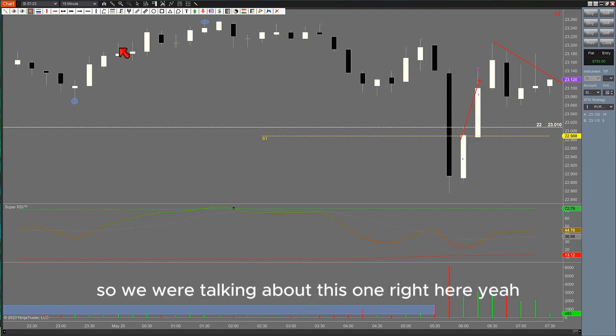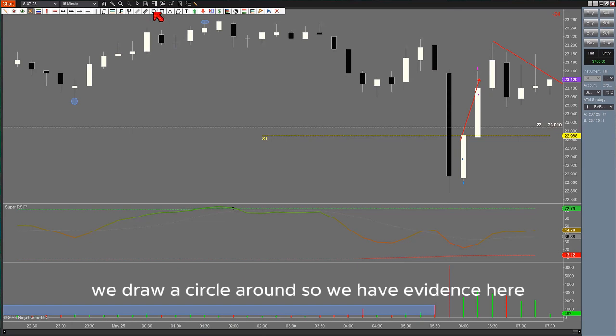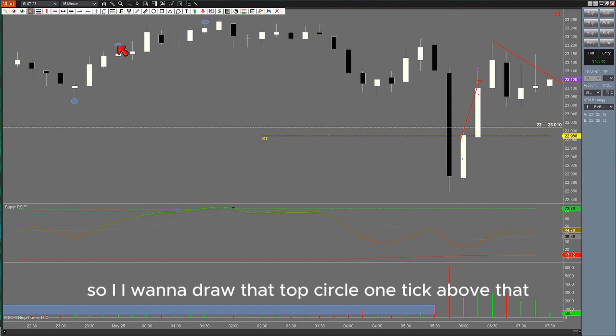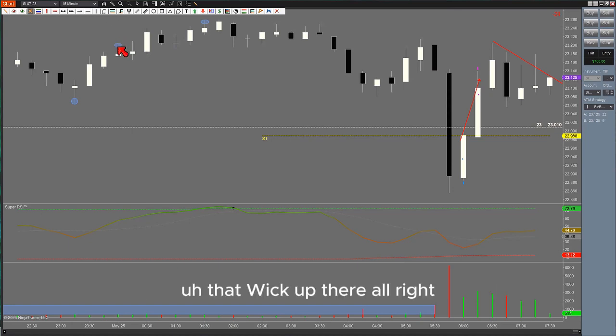So we were talking about this one right here. Let me draw a circle around it so we have evidence. I want to draw that top circle 1 tick above that wick up there.